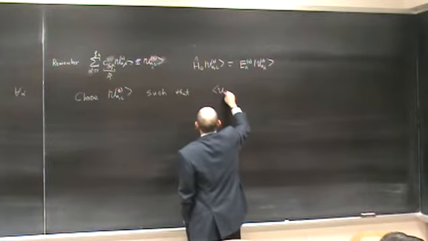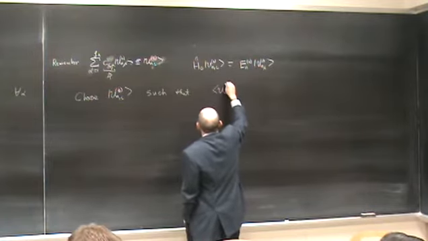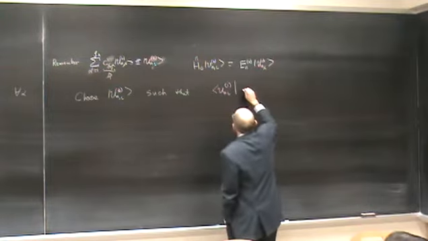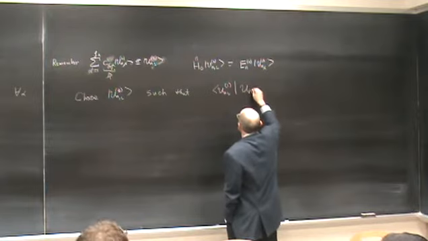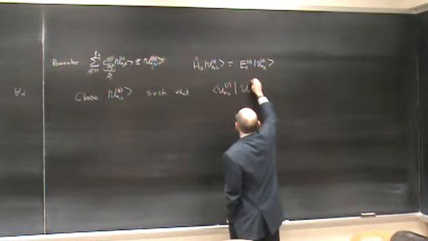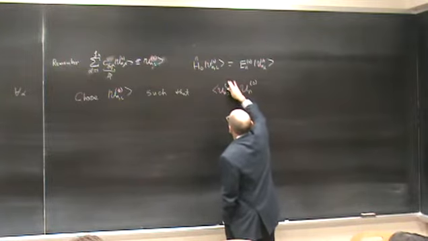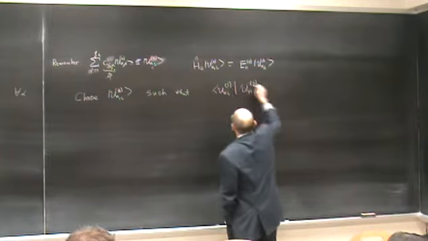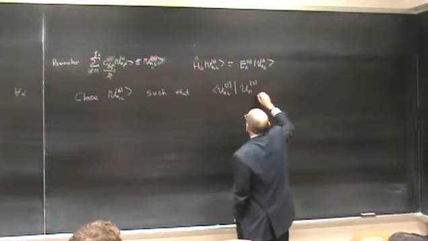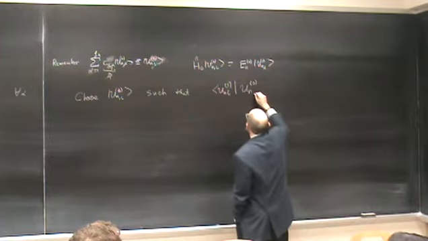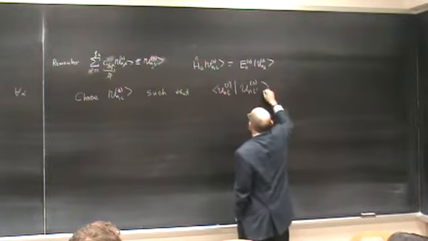Remember, previously for different energy eigenstates, we chose the perturbations such that they were orthogonal for different energy levels. But now we're going to do that within a given energy space.